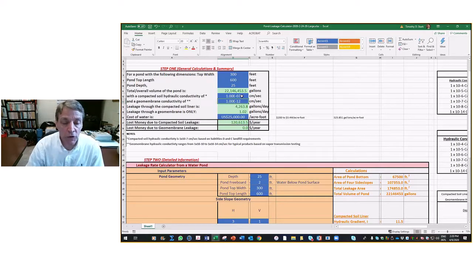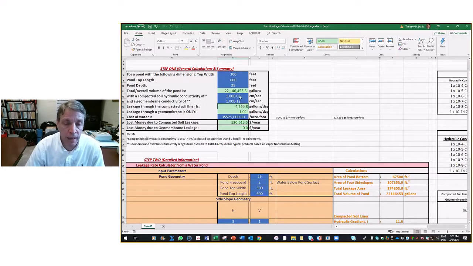These values are varied, and that gives the user how much leakage occurs out through the containment area or the pond if only a compacted soil liner is used or if a geomembrane is used. And this is important because this helps describe to owners, regulatory personnel, engineers, the benefits of installing a geomembrane.